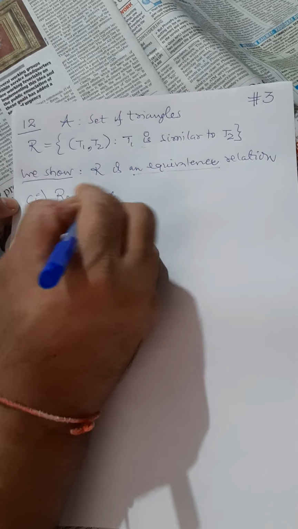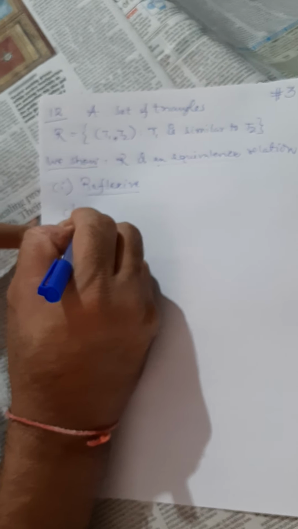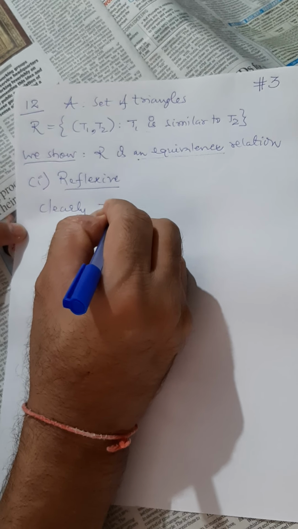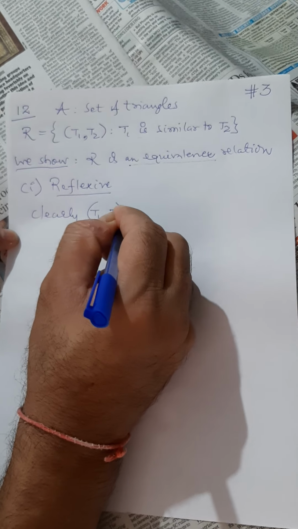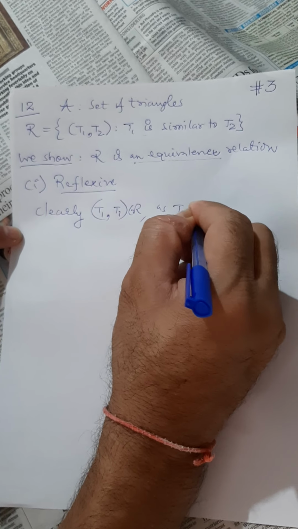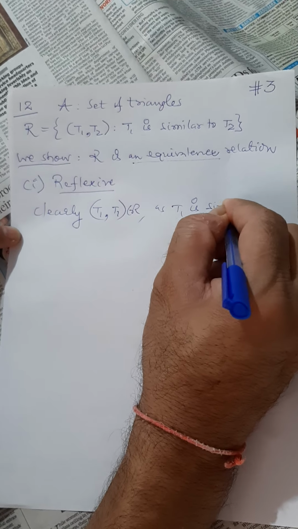In the reflexive property you need to take one member with itself. So here clearly (T1, T1) will be a member of R. Why? Because T1 is similar to itself.